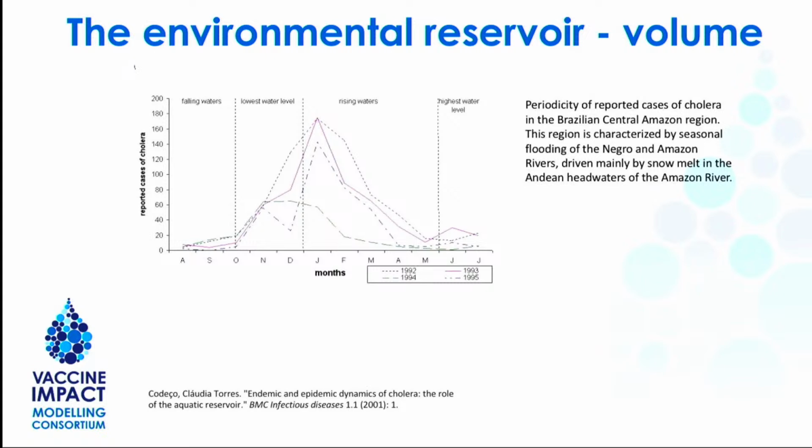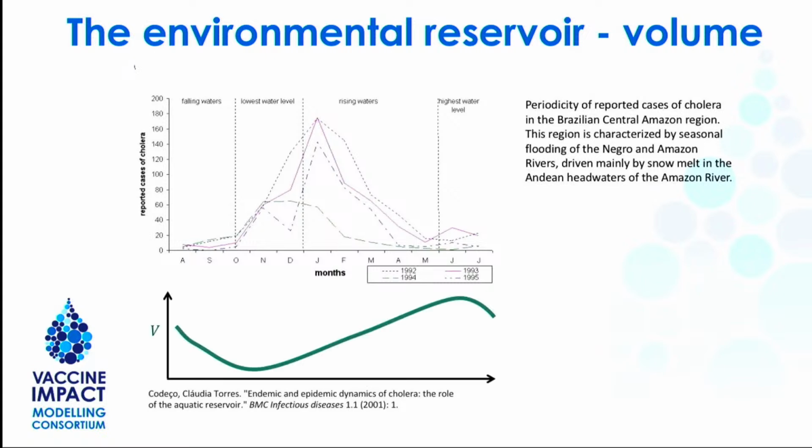So the reason that is interesting is because if we think about these falling waters in terms of the volume of our environmental reservoir, here our volume is declining. Then around, I think, November, we reach our lowest water level, so our lowest volume.